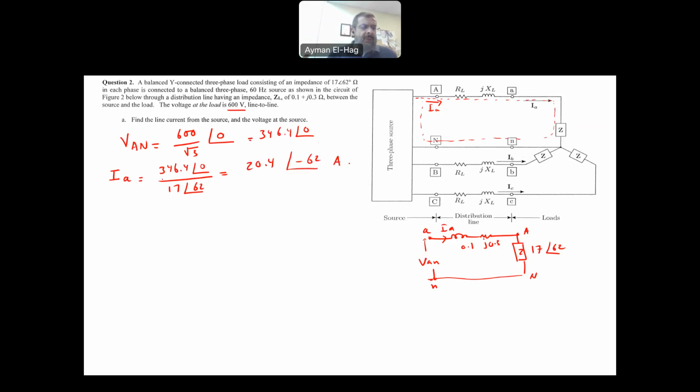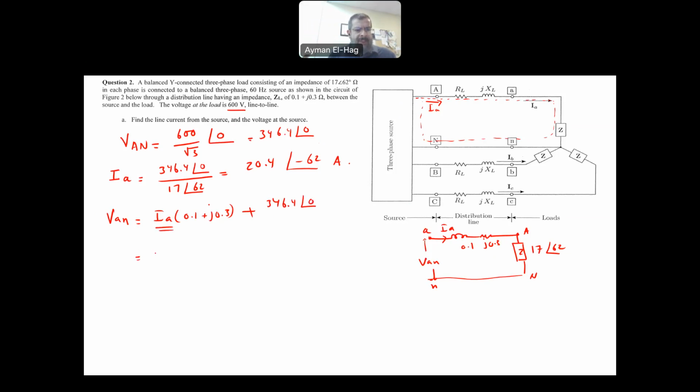And it says, what is the voltage at the source? We apply KVL. So your VAN is basically equal to the current IA times the line impedance, 0.1 plus j0.3, plus the voltage at the load, which is 346.4 angle of 0.